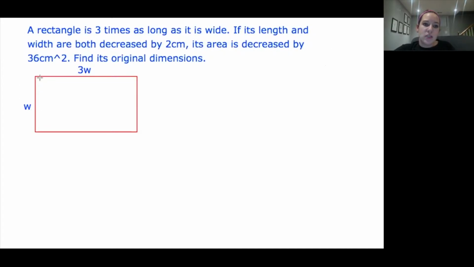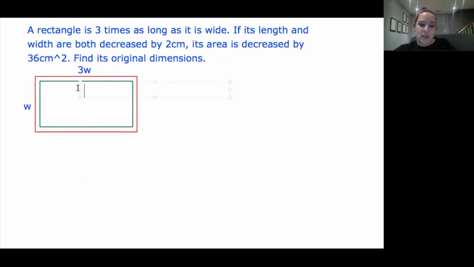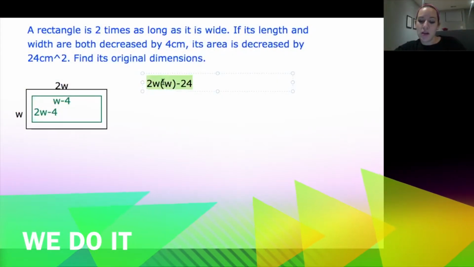The size of that one is decreased by 2 centimeters on both sides, which means that we can label this as W minus 2 centimeters. And we can label this as 3W minus 2 centimeters.